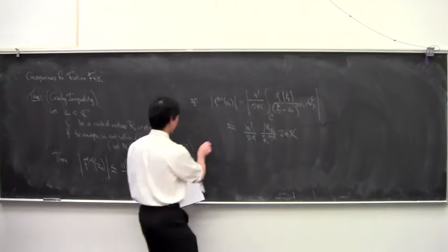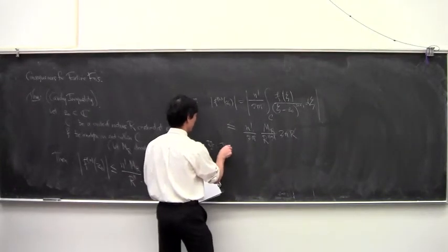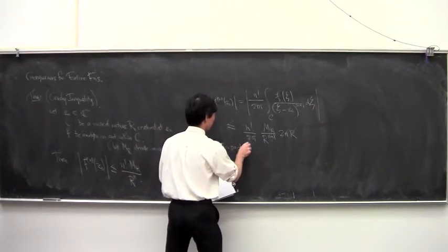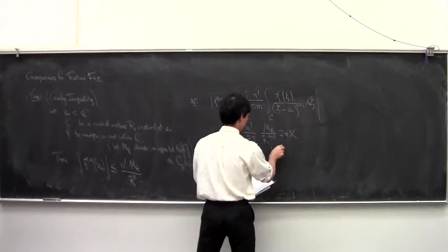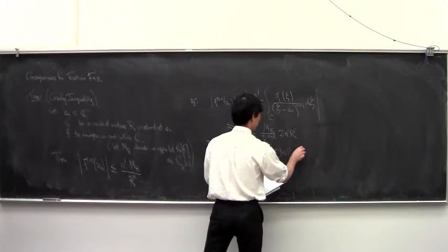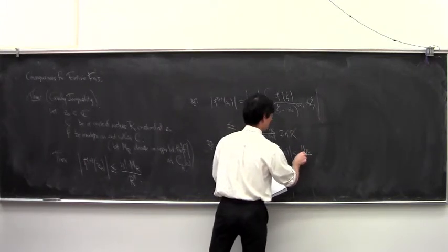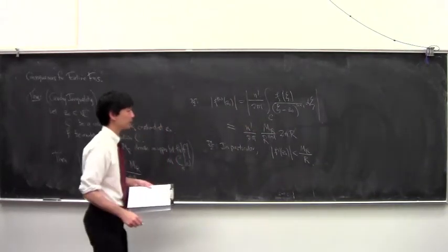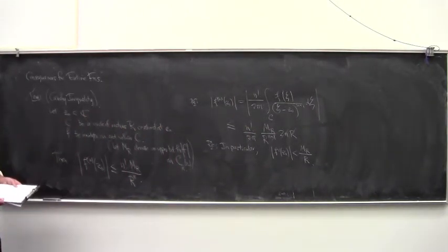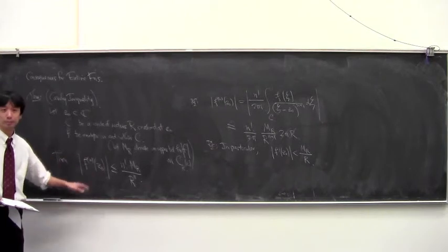Okay, so remark: in particular, if we look at the first derivative, it's bounded by M sub r over r. Just take n to be 1.